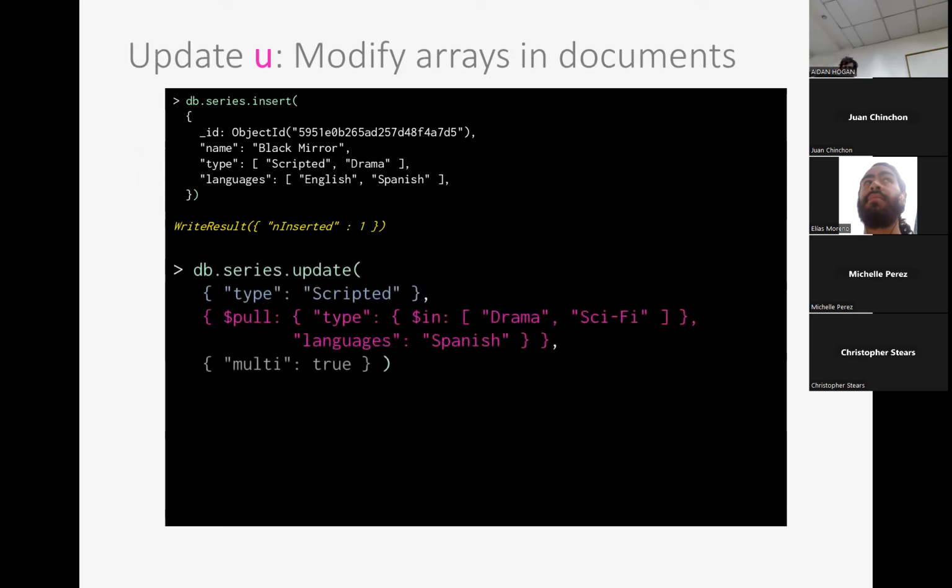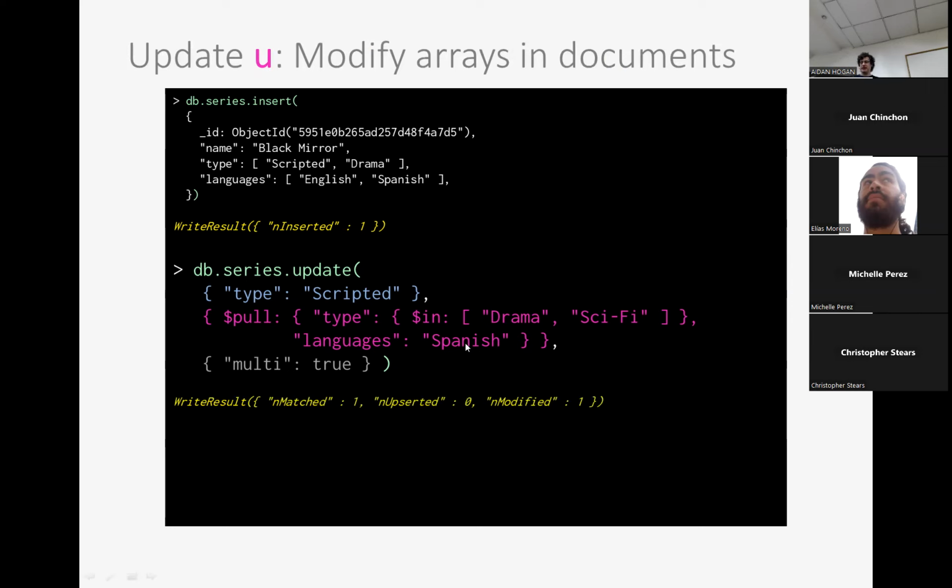So here, what we're going to do is we're going to pull all of the types. So we have here our array. We're going to pull all of the types that are in drama or sci-fi, where the language is Spanish. So type where type is in drama or sci-fi, and then for languages from the languages array, we're going to pull Spanish.